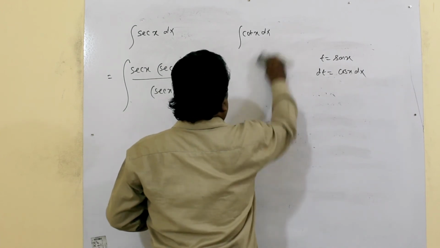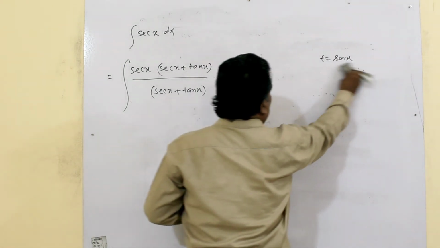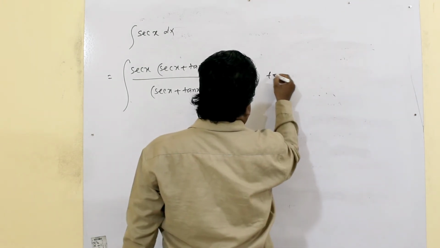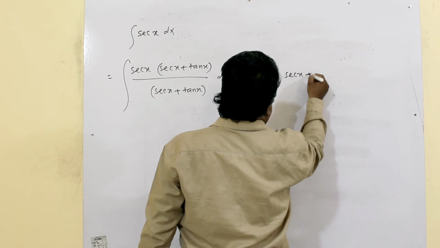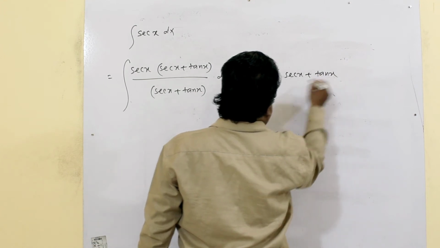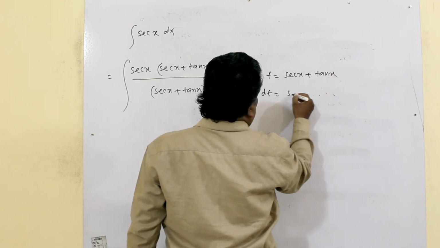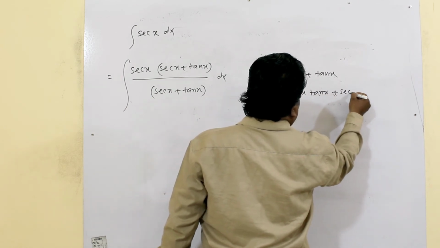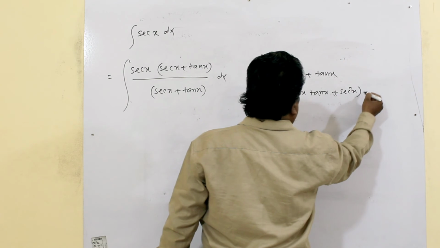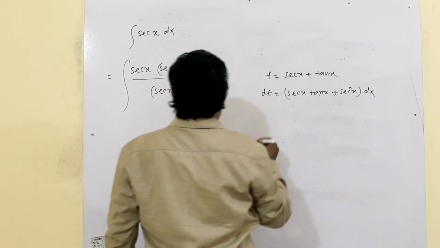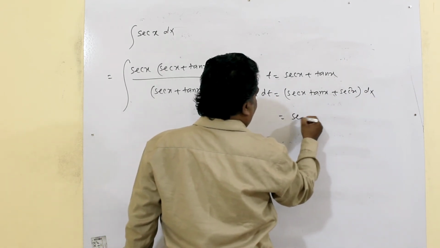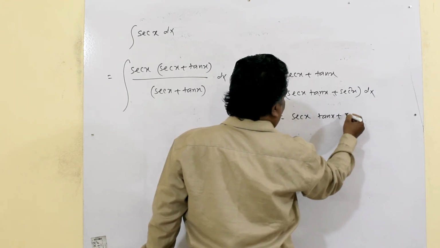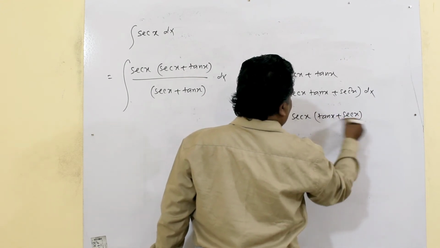Here we put t = sec x + tan x. Then dt = (sec x tan x + sec² x) dx, which is sec x (tan x + sec x) dx.